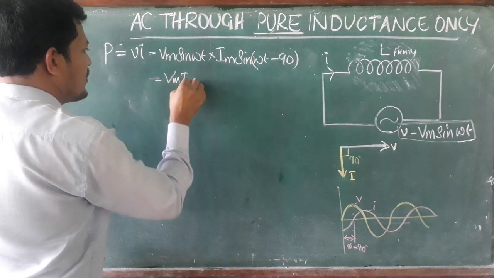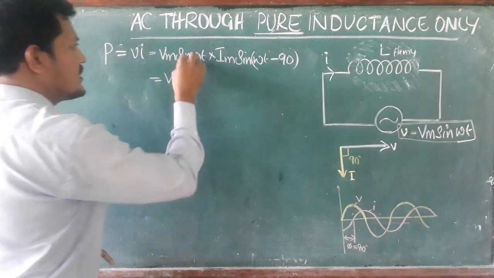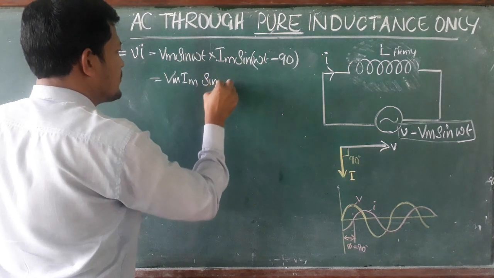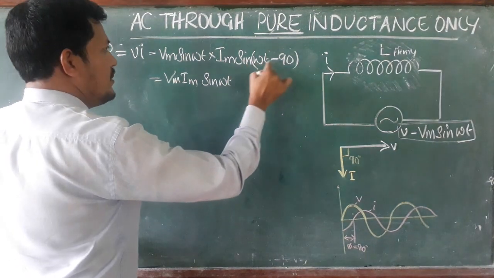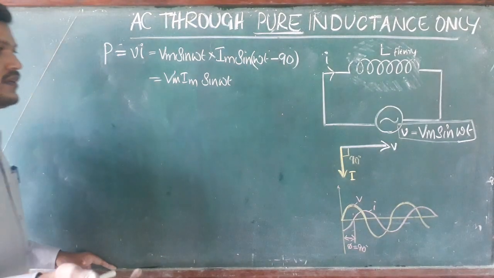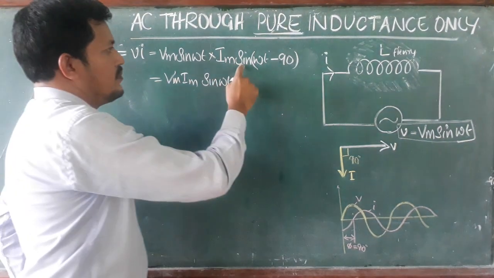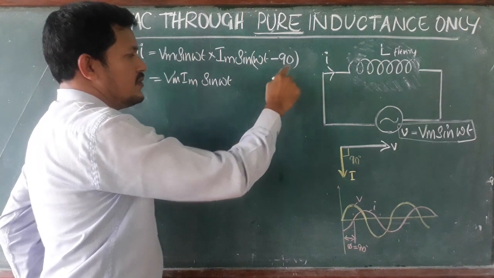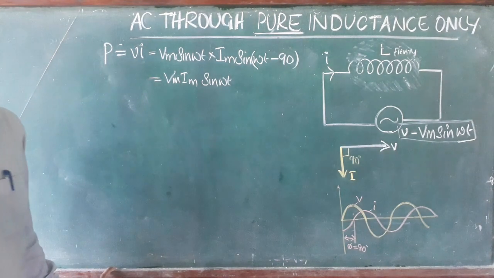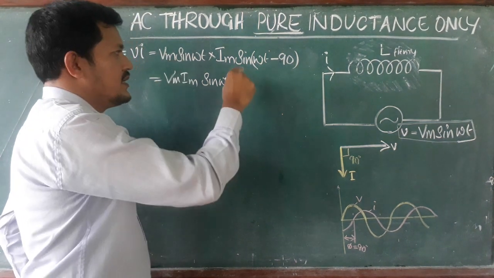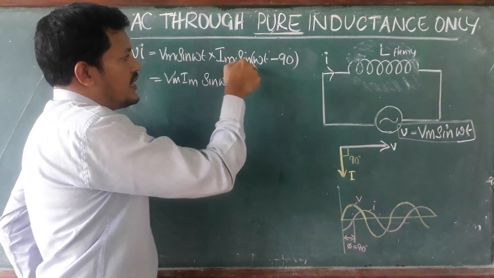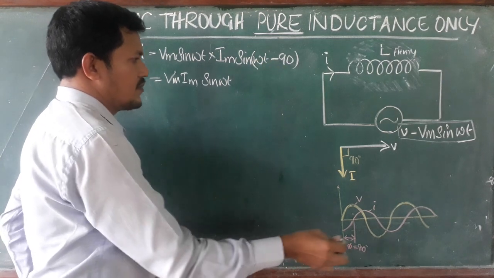Vm Im is a constant, and sin omega t. Next, here sin(omega t minus 90). Why have we written sin(omega t minus 90)? That comes from minus cos omega t; we converted it to sin(omega t minus 90). Clear?